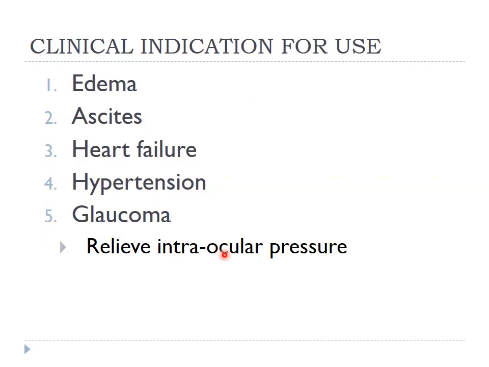So, indication for use. Notice the indication for use of a diuretic. Edema, generalized or local. Ascites, okay, that's basically edema happening around your abdominal cavity. Heart failure. We talked about heart failure and reducing the pressure coming out. Hypertension. This is where we didn't talk about it with the hypertension medications.